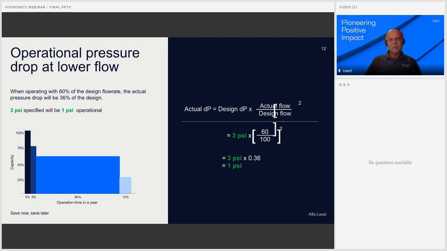That means in this calculation program, instead of the design pressure drop of 3 psi, in the operational mode it's only 1 psi. And hence again, that means lower velocity in the channel, reduction of the shear rate, and reduction of the heat transfer efficiency.